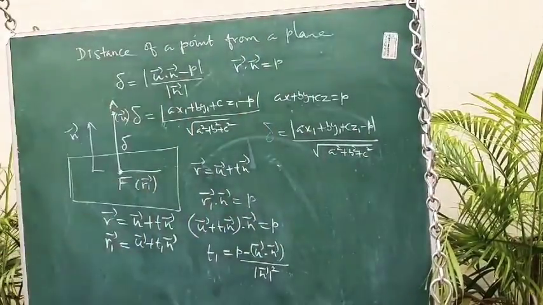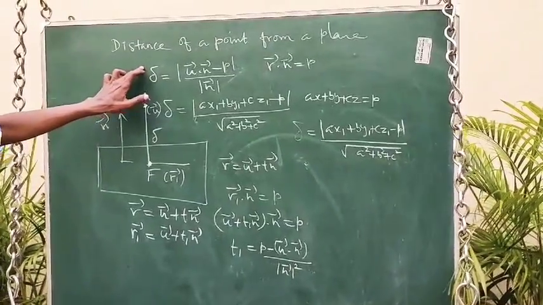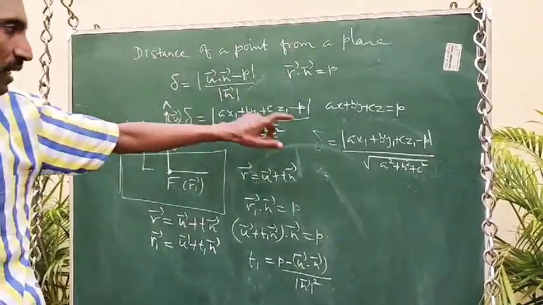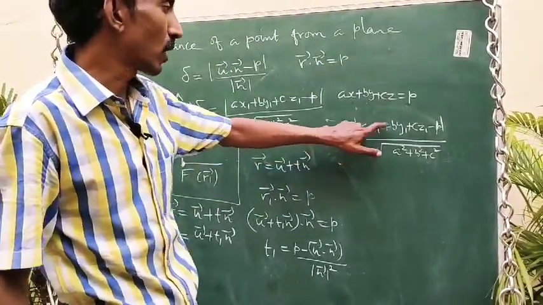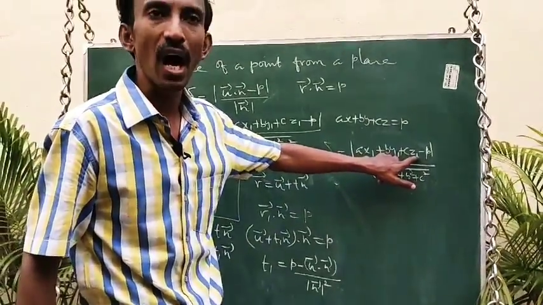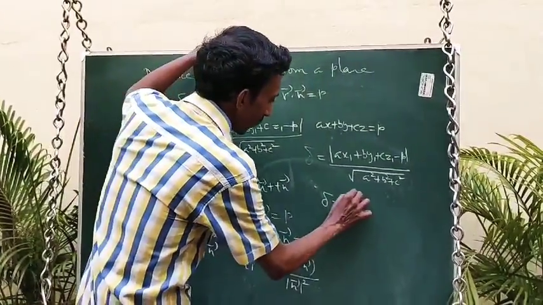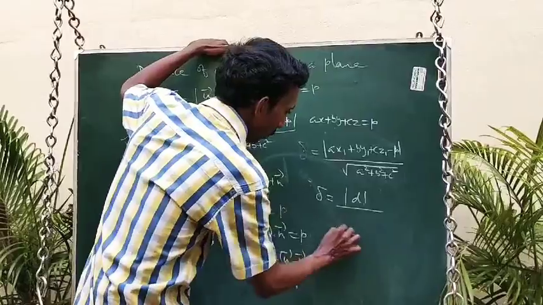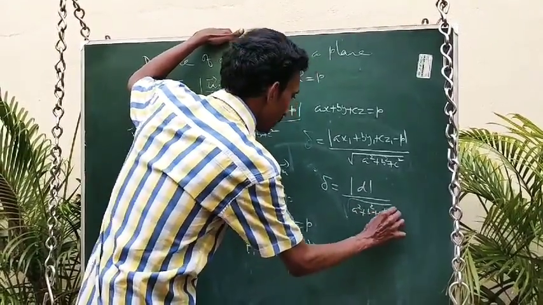It is in the Cartesian form. Are you clear? So distance of a point from the plane, both in vector form and Cartesian form. Suppose the point x1, y1, z1 is the origin, then the distance from the origin to the plane is delta equals modulus of d by root of a square plus b square plus c square.